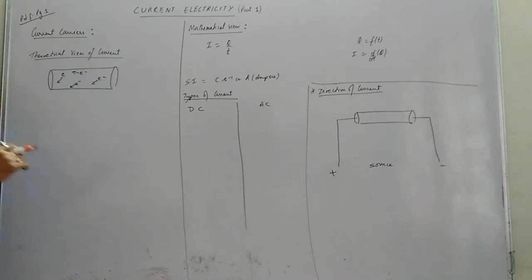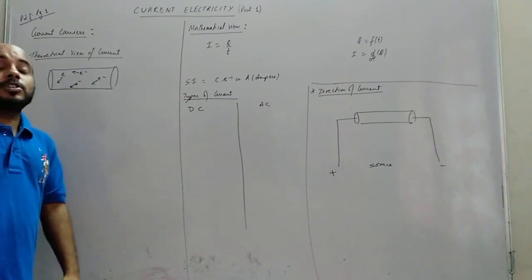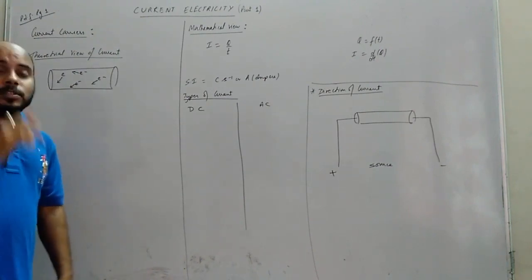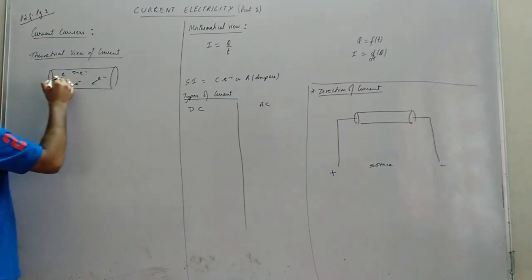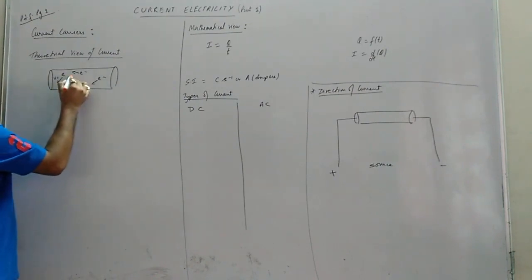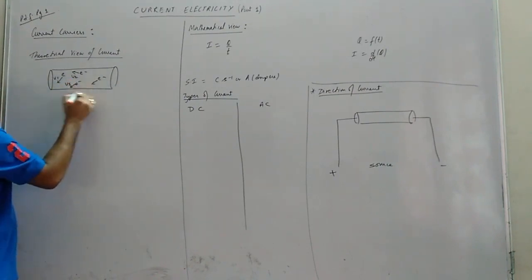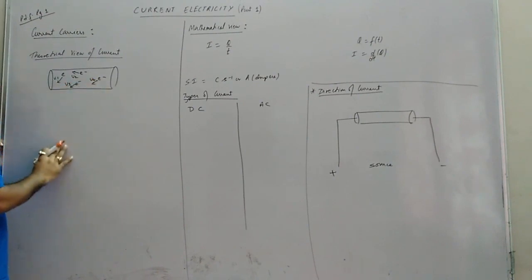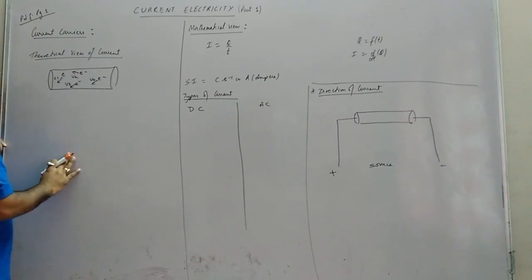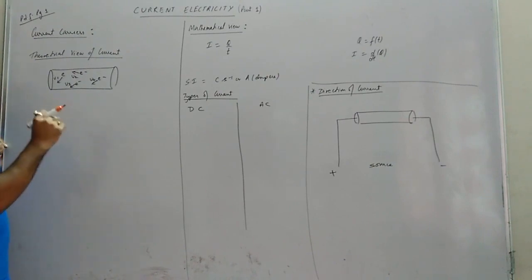The velocities at room temperature are known as thermal velocity. For example, this electron is moving with velocity u1, this with u2, this u3, this u4. Understood? These thermal velocities are of the order of 10 to the power 6 meter per second. Everything is there in the notes, so don't worry about it.